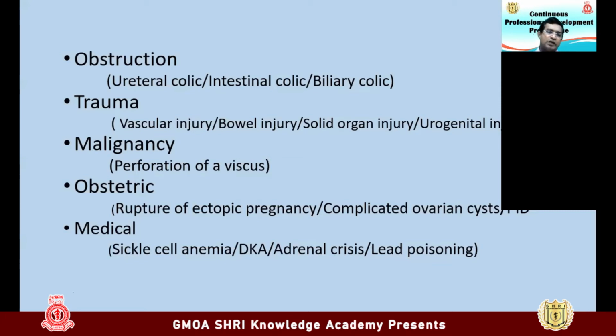And malignancies sometimes give rise to perforation of viscus. It's common to have colonic malignancies in the left side of the colon, sometimes presenting with perforations. And obstetric problems sometimes.